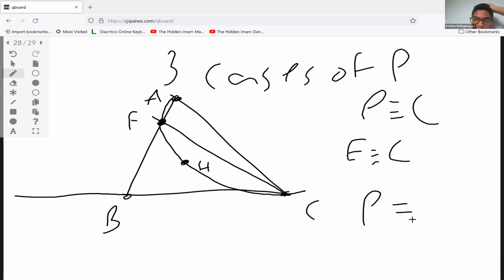Similarly, if we let P equal B, we get the same thing.